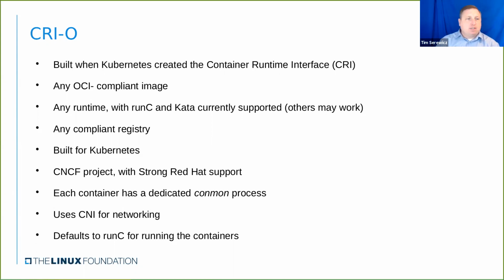One of the differences is that instead of a single, very large, kind of bloated Docker binary that is managing all of them, it's very lightweight. There are multiple lightweight processes called conmon, as in container monitor. So if I had 10 containers running in an instance, I'd have 10 conmon processes, one per container, but very, very lightweight.